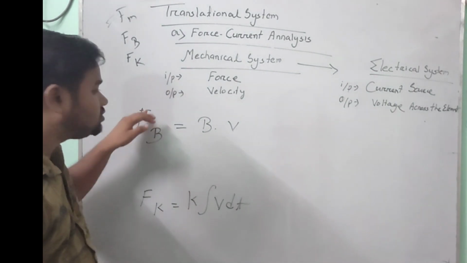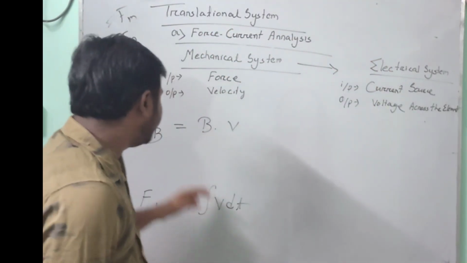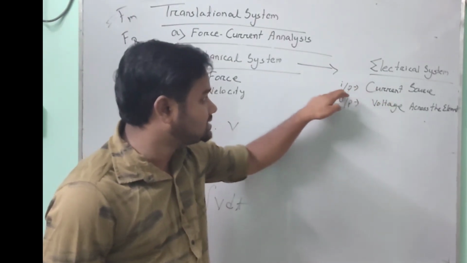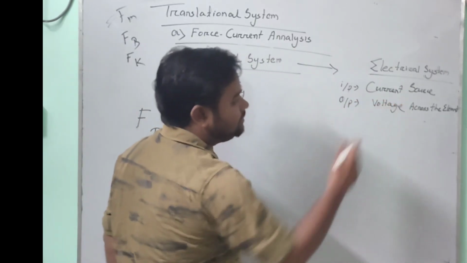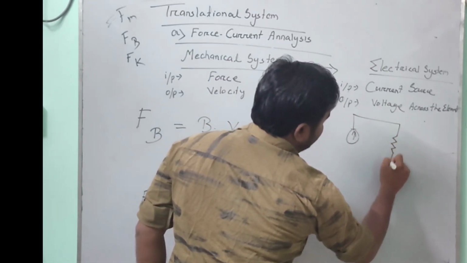If we convert the force due to dashpot in the mechanical system into the electrical system, then F of V will be converted into the current. The input is the current source and the output is the voltage across the element. Here the element is a resistor.